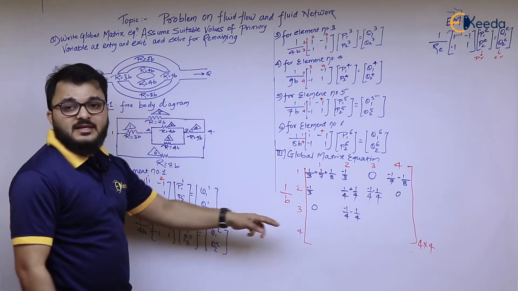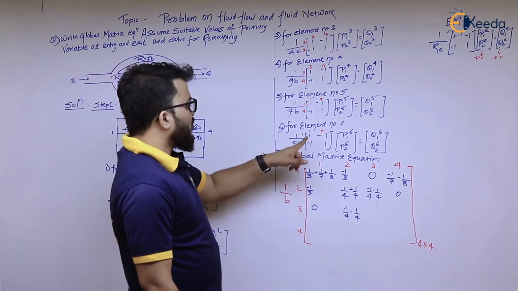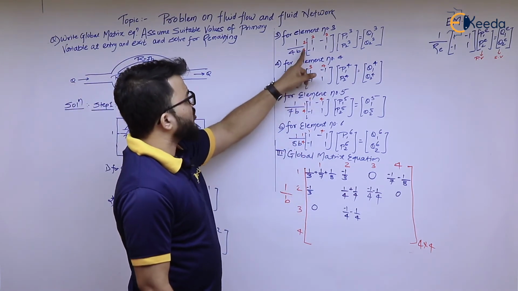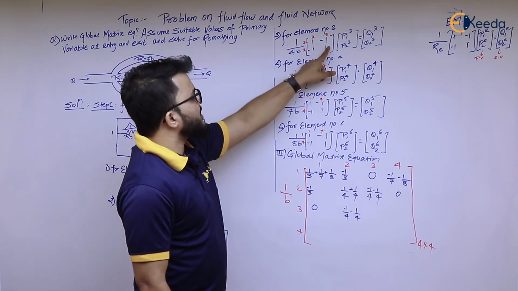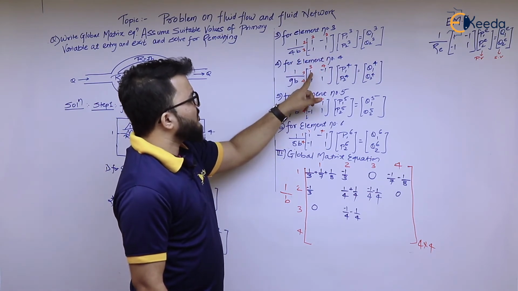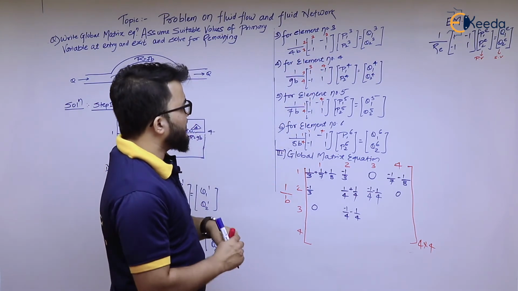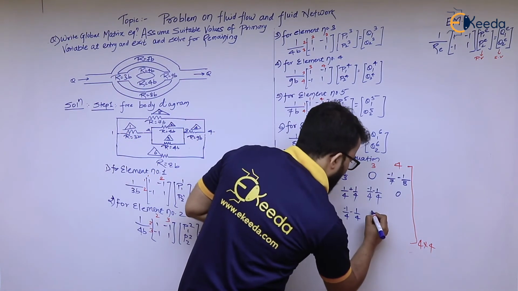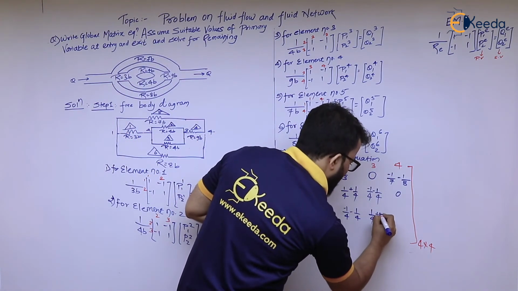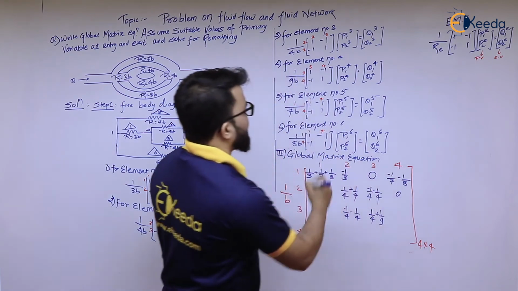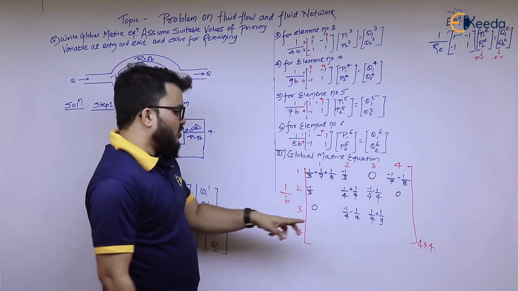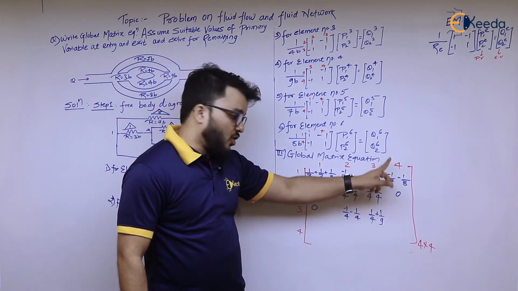Same for row number 3, column number 3. This is plus 1 by 4 and this is also plus 1 by 9. So this becomes 1 by 4 plus 1 by 9. Okay, so now row number 3, column number 4.